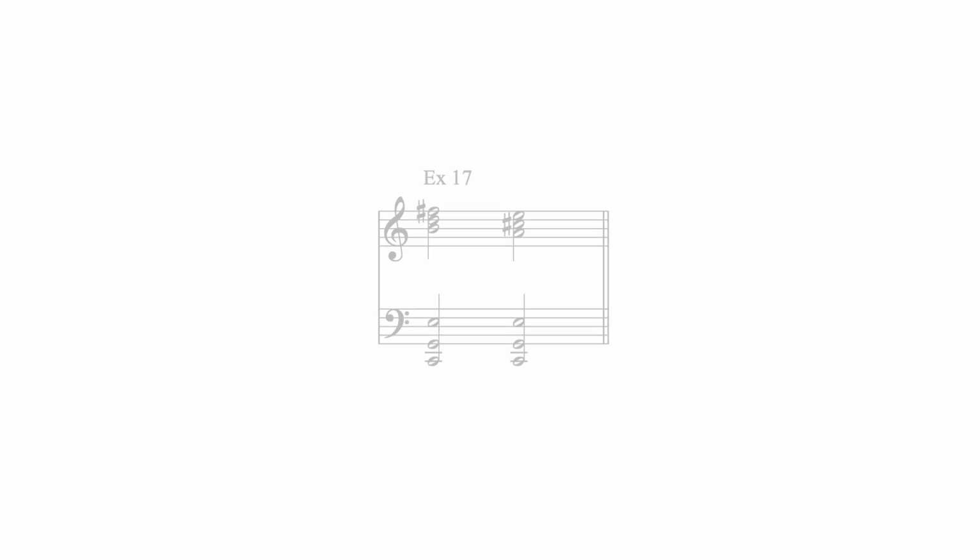Another way to make sure that polyharmony feels like different layers is to make sure that the interval between the two layers is not a simple triadic interval. If we look at example 17 for the first chord, well, the bottom note on the top layer is B, but B would just be the seventh in the C major chord underneath. So that tends to blend into one sonority. There's a certain amount of separation because of the register, but there isn't a great deal of conflict.